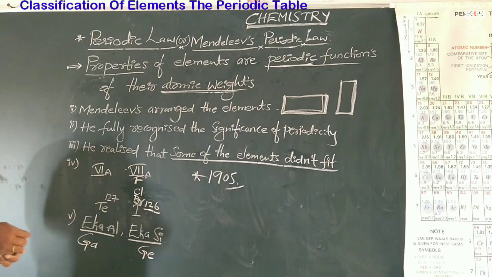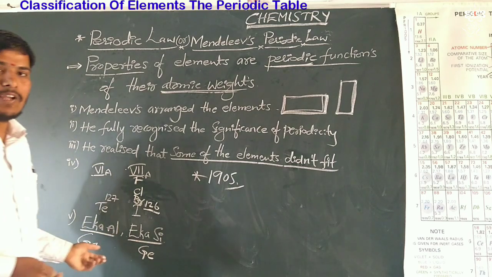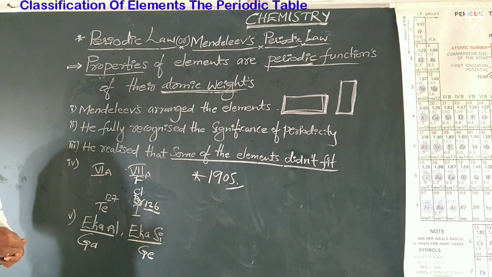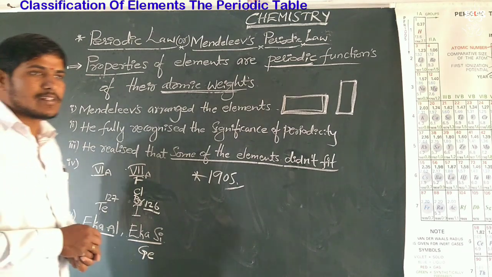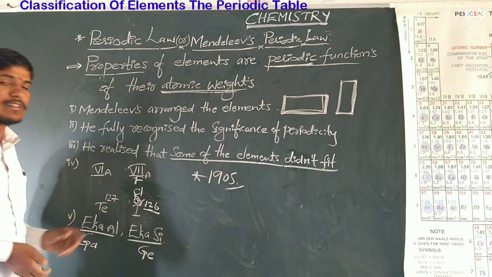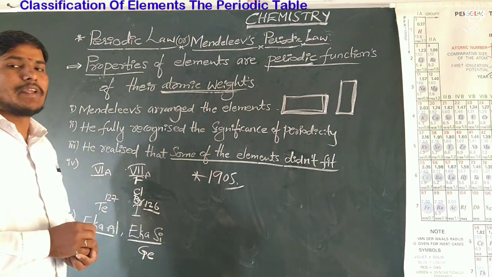Mendeleev's primary aim was to arrange the elements in the periodic table. At that time, all elements were not yet discovered, so he left several gaps in the periodic table.